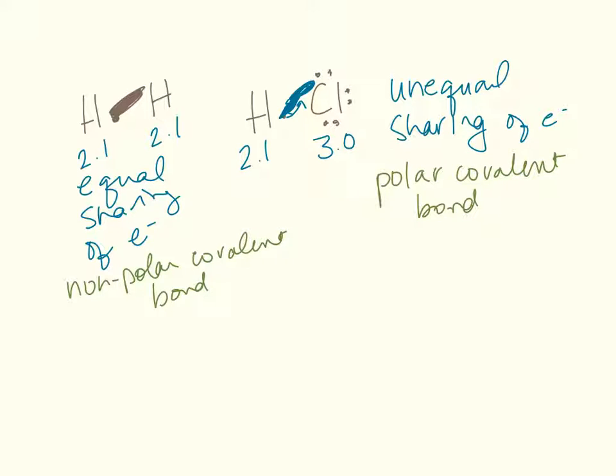And so in the unequal sharing, since chlorine is more electronegative, there's going to be a pull in that direction towards chlorine in that bond, and the electrons will be pulled closer to chlorine and leave hydrogen slightly positive.